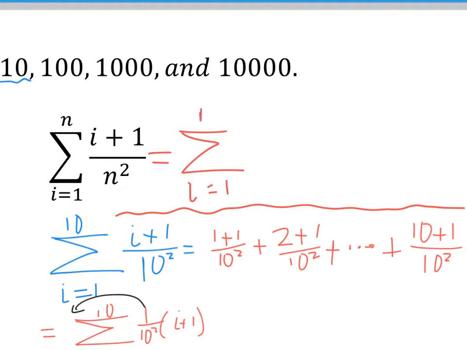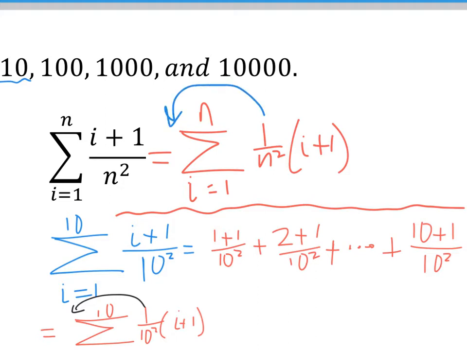The sum as i equals 1 to n of, let's rewrite this as 1 over n squared times i plus 1. Now, n is actually not changing. n could be this number, or this number, or any number. But n is constant. So this is a tricky one, but n is constant.